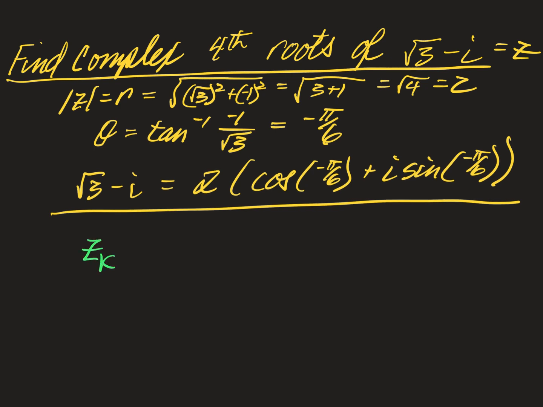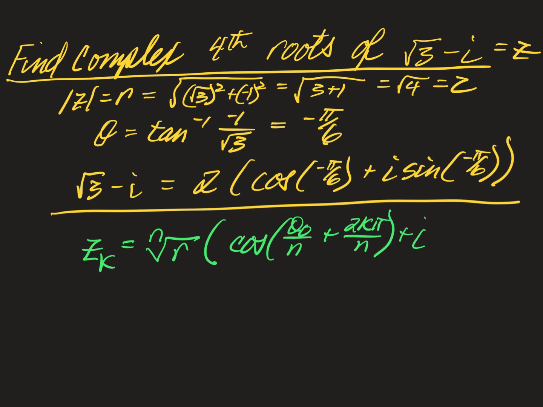So z sub k is equal to the nth root of r times cosine theta sub 0 over n plus 2k pi over n plus I sine of the same thing, theta sub 0 over n plus 2k pi over n. Okay? So that's the theorem. That's DeMoivre's theorem, how to find the roots.